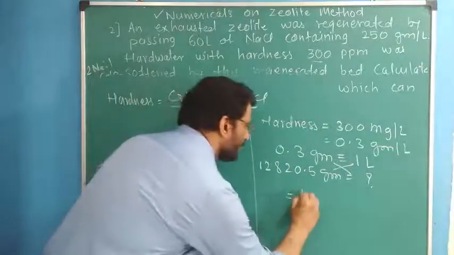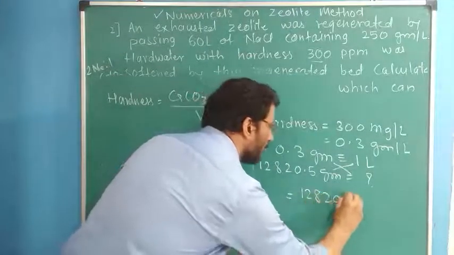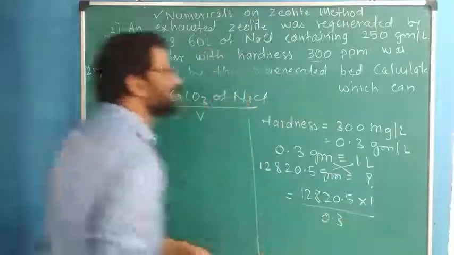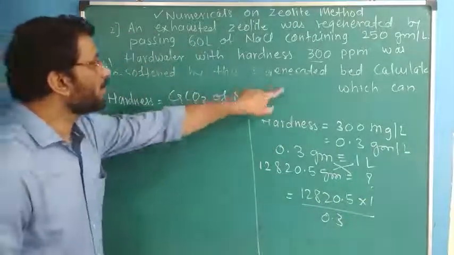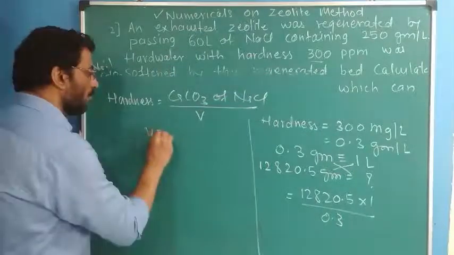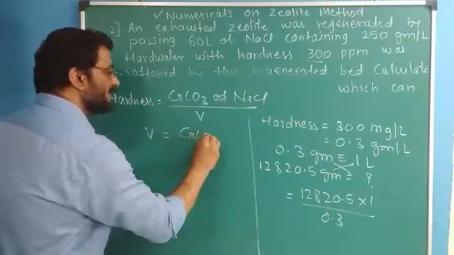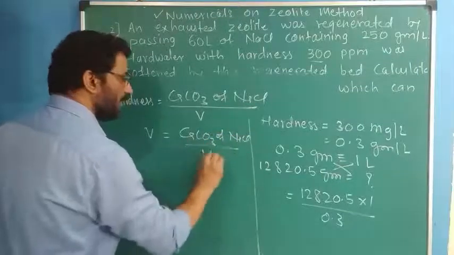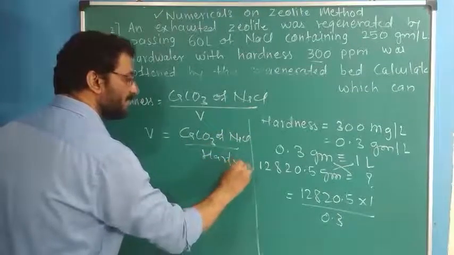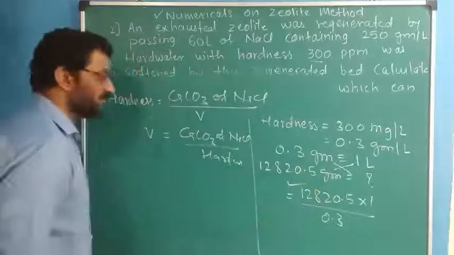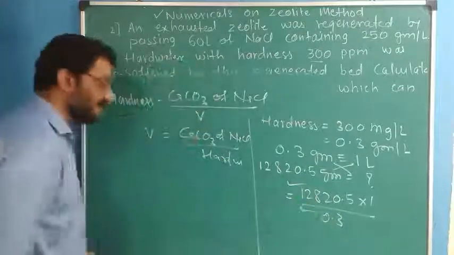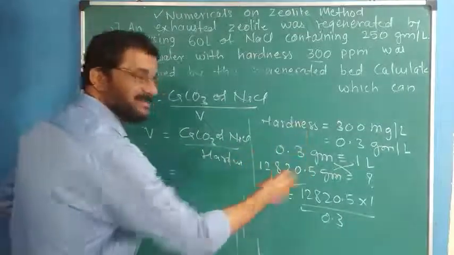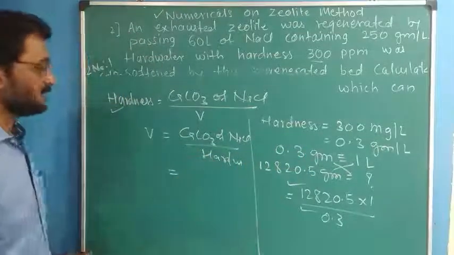What you will be getting? 12820.5 into 1 divided by 0.3. Here they have asked for the volume of water. So volume will be equal to CaCO3 equivalent of NaCl upon hardness. This is the CaCO3 equivalent of NaCl, this is hardness. That will give the answer.